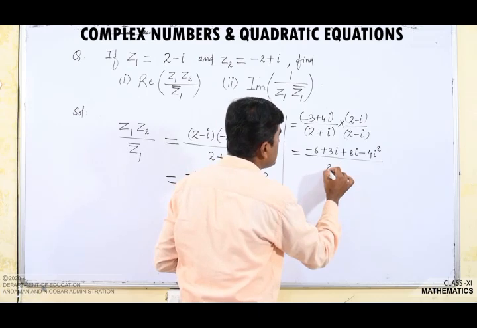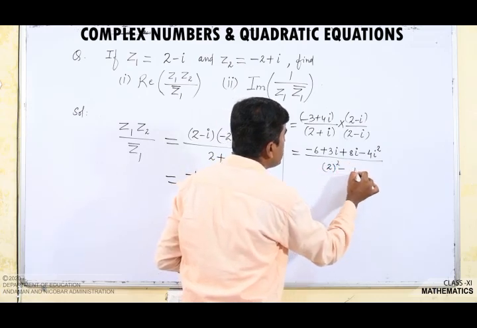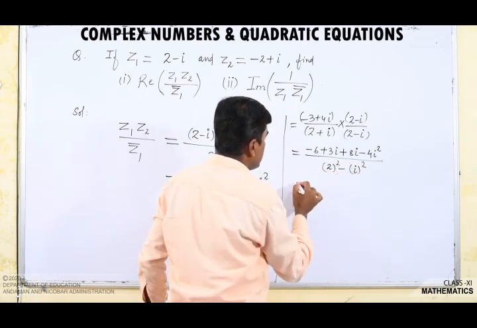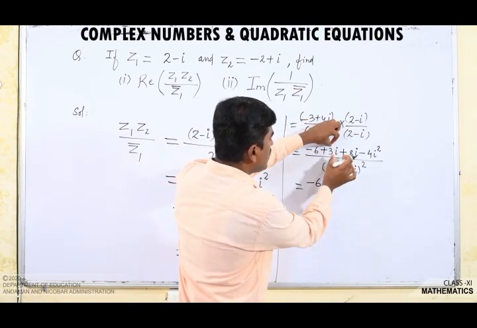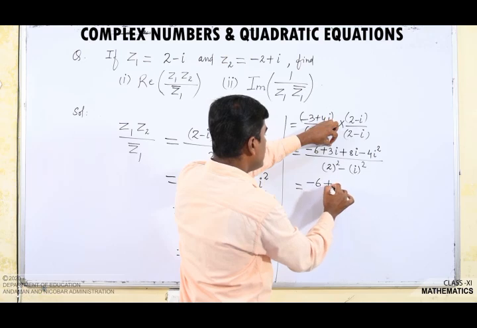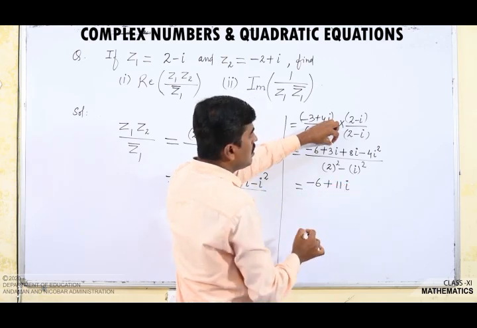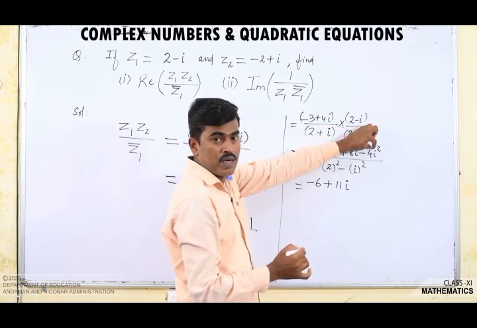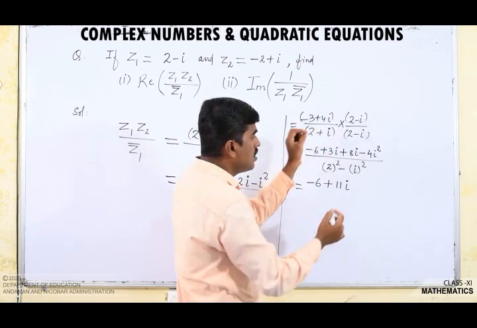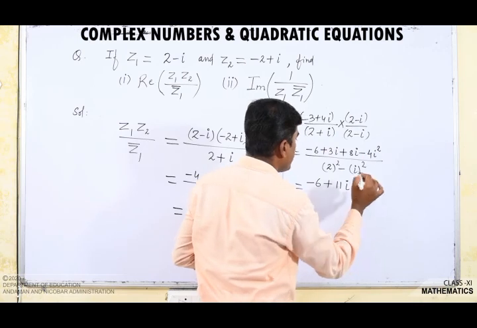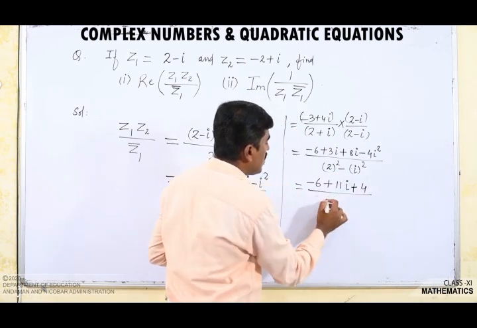So, we can write 2 square minus I square. Now, here we can write minus 6, then 3I plus 8I, that is 11I minus 4 into I square. Again it is I square. So, what is the value of I square? I square is equals to minus 1. So, we will get plus 4 here, divided by 2 square is 4.